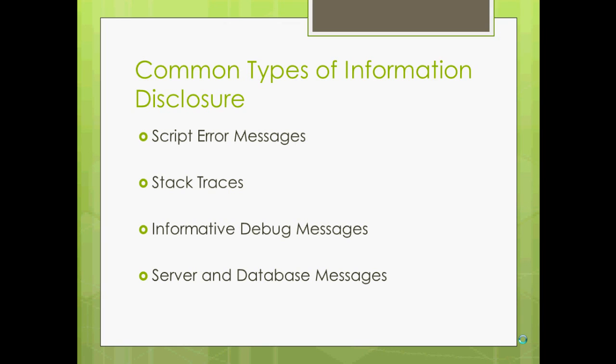It also typically references any libraries or third-party code components that it uses. It also has some of the same things as script error messages, where it will possibly print out the line numbers so that you can cause other errors that will give you this. And also, it often will give you version information of the platform being used, such as ASP.NET or Java.